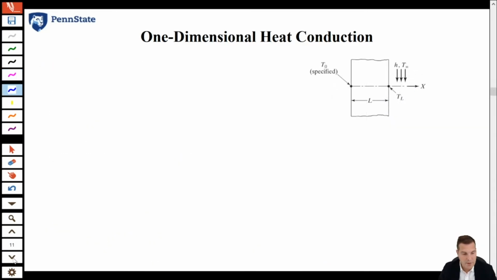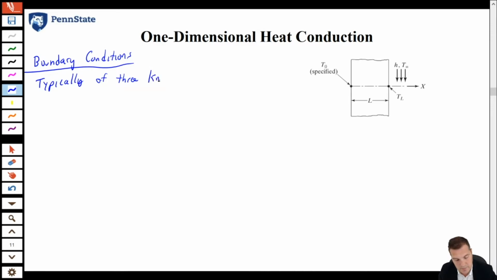So what kind of boundary conditions could be applied? We typically have three kinds.